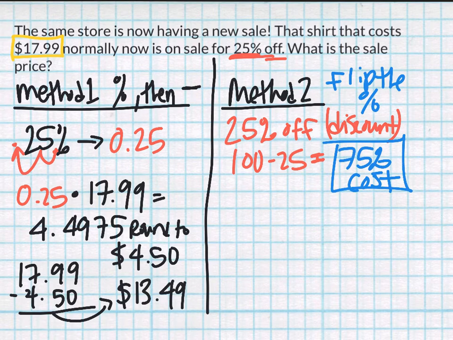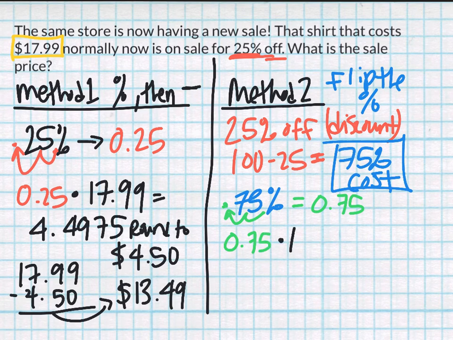So let's see how that works. I'm going to take 75% and turn it into a decimal form, move the decimal 2 places to the left, and that gives me 0.75. Now I'm going to multiply 0.75 times my original cost and see what I get. I should get the same answer right here that I got from my first version.